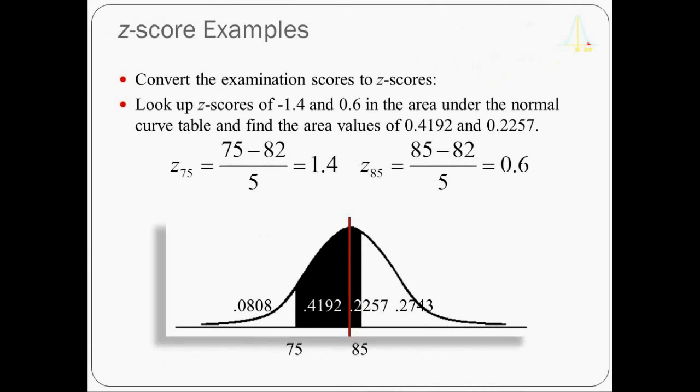So here's the work. Step 1, convert the examination scores to z-scores. Z sub 75 is equal to 75 minus 82 divided by 5, and I get a z-score of 1.4. Notice that I didn't put the minus sign in here. Technically it's minus 1.4, but my z-table only has positive values, so I just left it as positive, and I'll remember that it's below the mean.